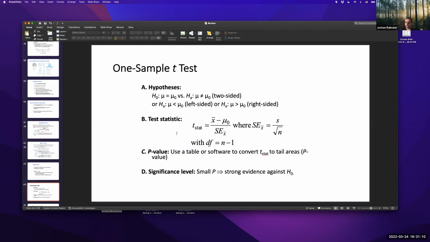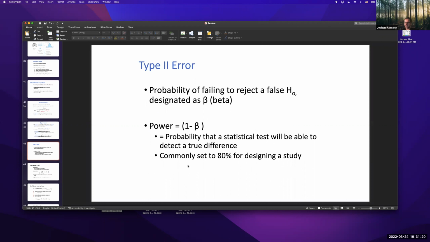This will also guide you to set your sample size, because one way to approach power is to increase your sample size. As a consequence, you will get smaller margins on the standard error of the mean, and you will get more accurate estimates of your variability of those means.